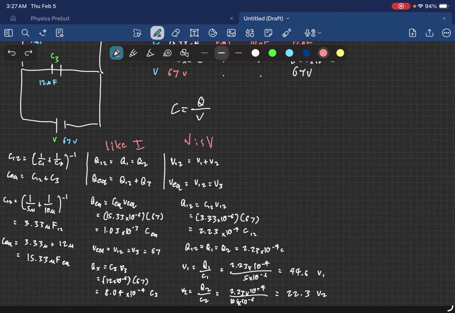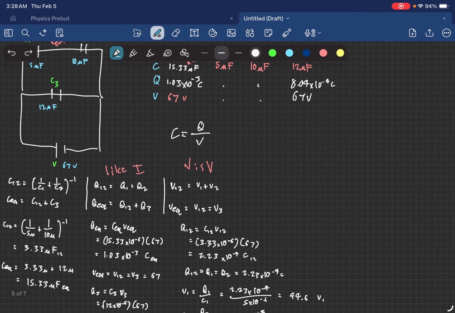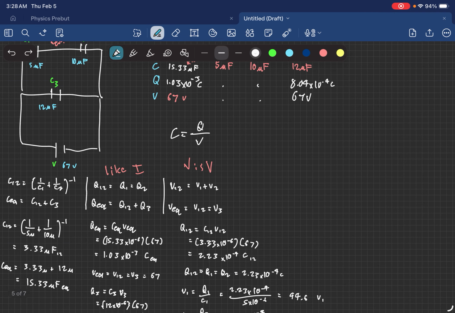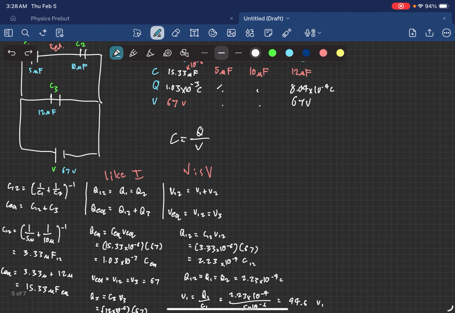Remember, we solved for C12, and V12 is also equal to your V total, 67. So you just multiply those. So Q12 is equal to 2.23 times 10 raised to negative 4 coulombs, and you state that it's also equal to Q1 and Q2.